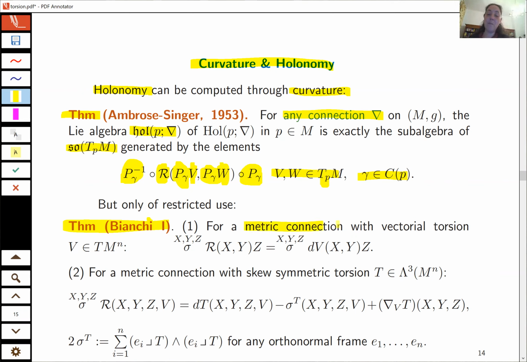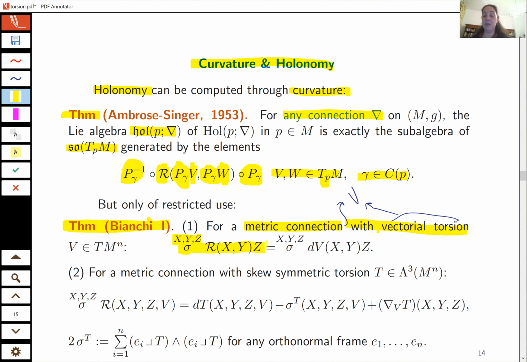If you have a metric connection, which is described by some vector field V, so torsion coming from a vector field V, then the cyclic sum, this sigma is my symbol for cyclic sum, the cyclic sum of all curvature transformations R(X,Y)Z is not zero, but it's rather given by the following quantity.